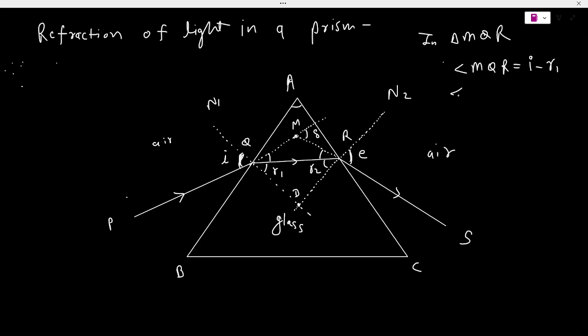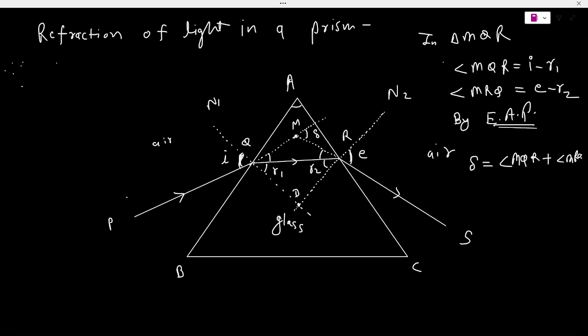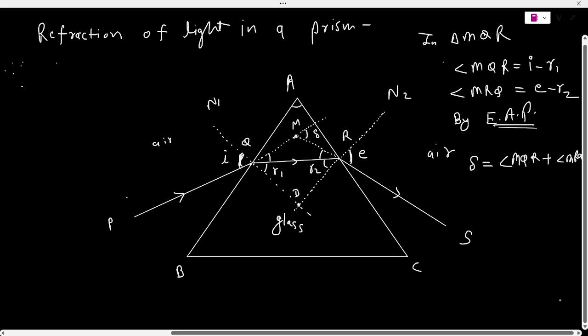In the same manner, angle MRQ is E minus R2. Now, by the exterior angle property, in the same triangle, del, which is the exterior angle, should be equal to the sum of the two interior angles.